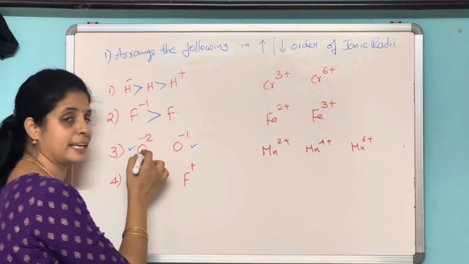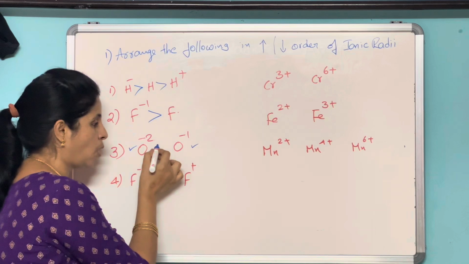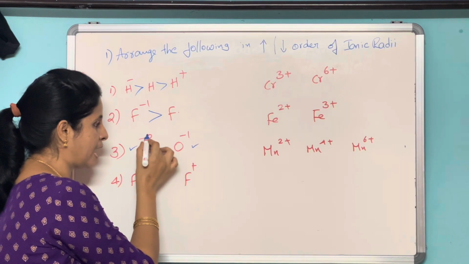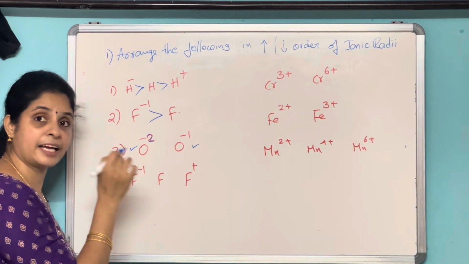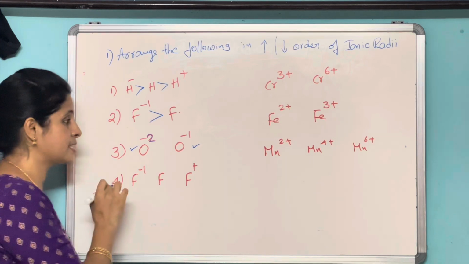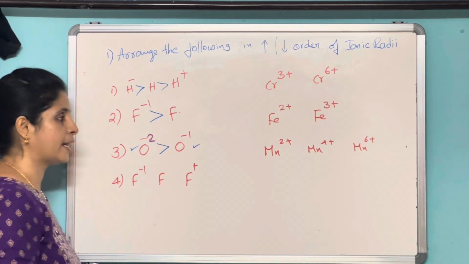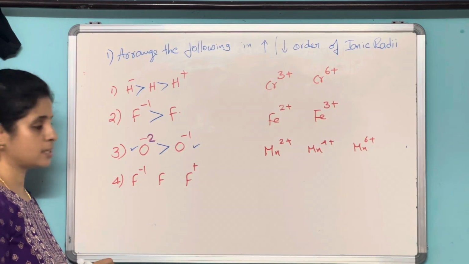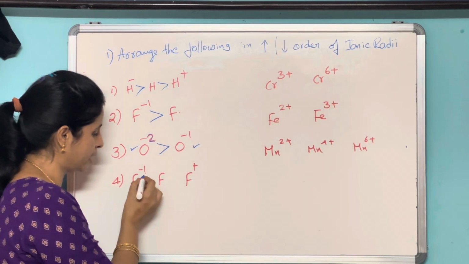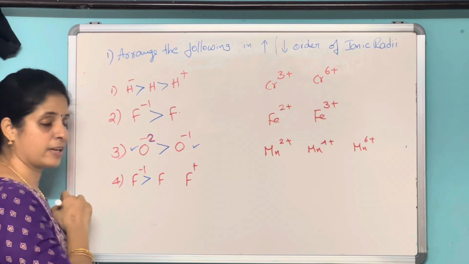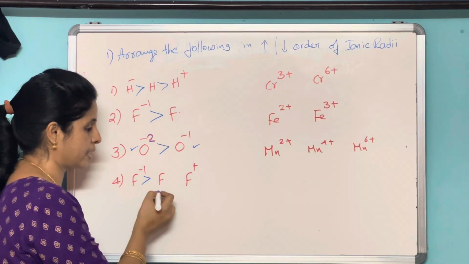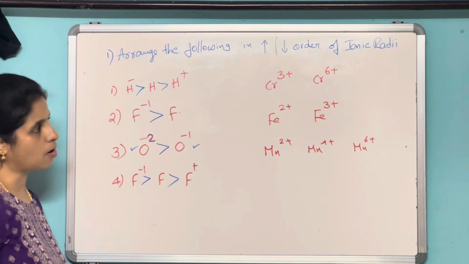So an anion with a higher charge has a higher ionic radius when compared to an anion with a lesser charge. The order will be the same.